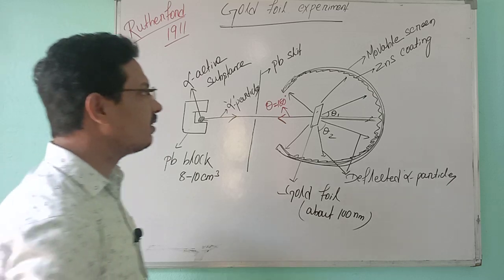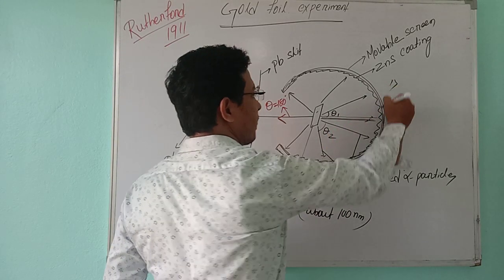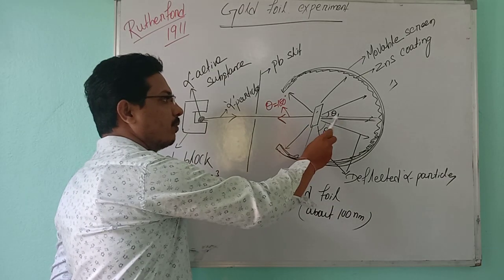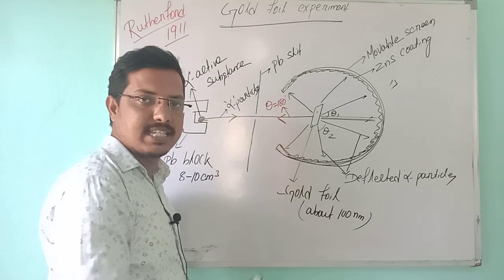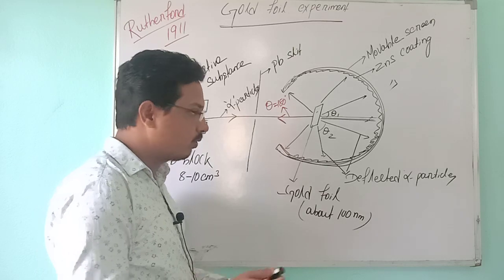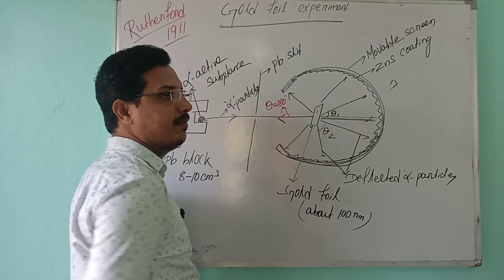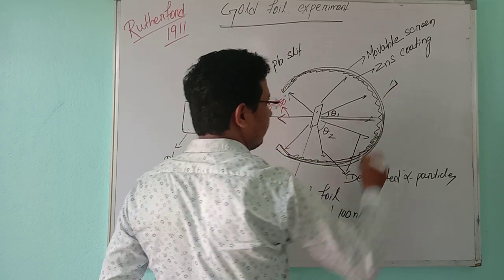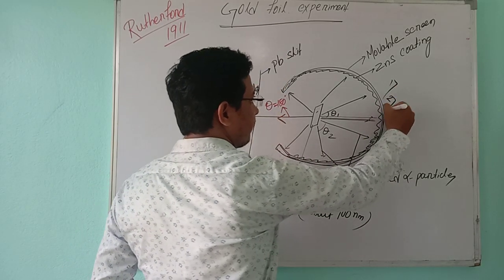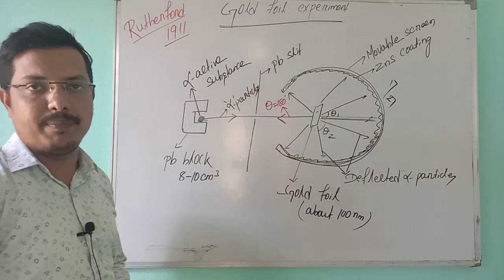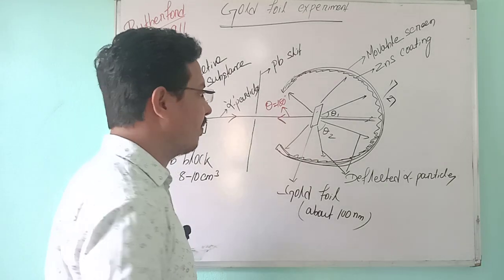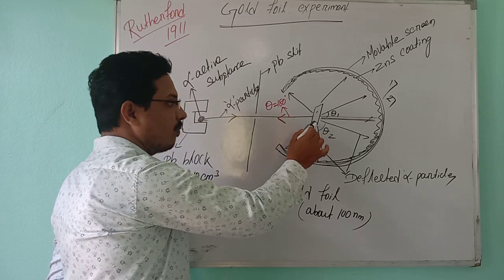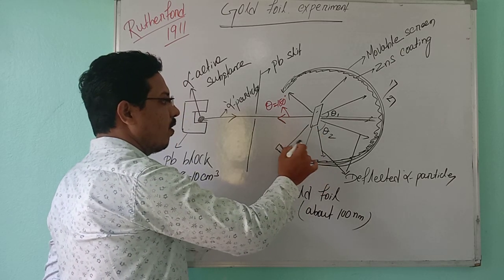Okay, the first observation was most of the alpha particles pass straight through the gold foil without any deviation. And the second observation is a few of the alpha particles deviated from the gold foil by making small and large angles.